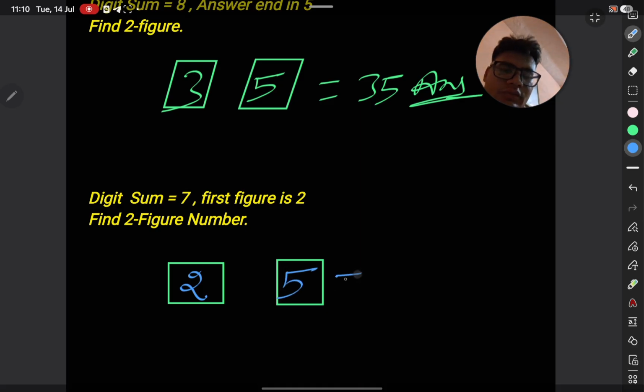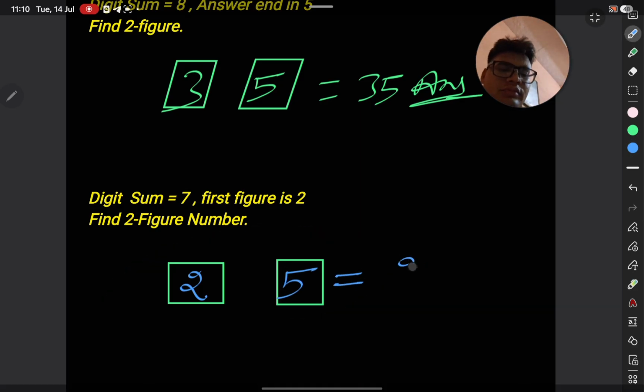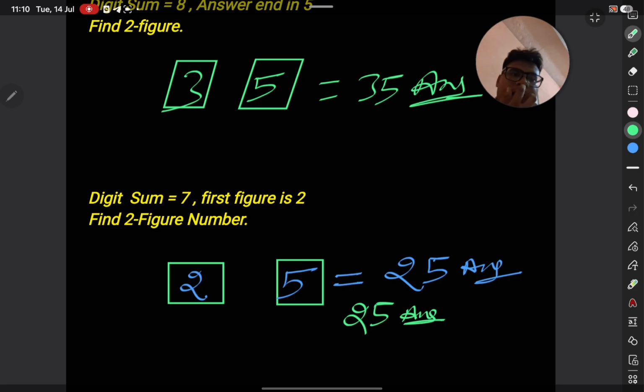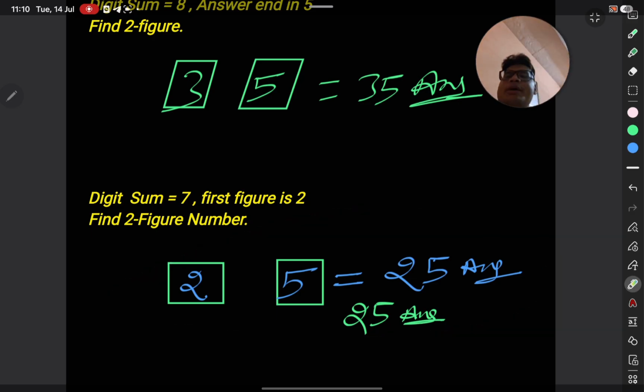The answer will be 25. I think you have understood how to solve a digit sum puzzle.